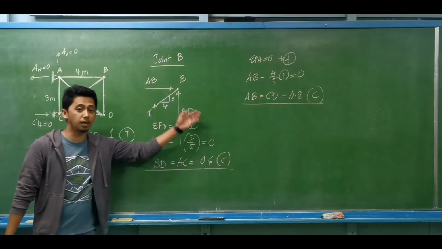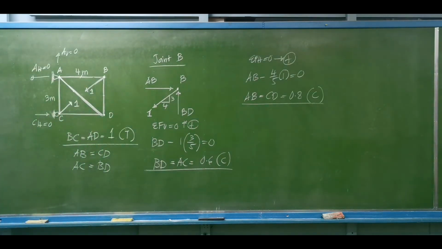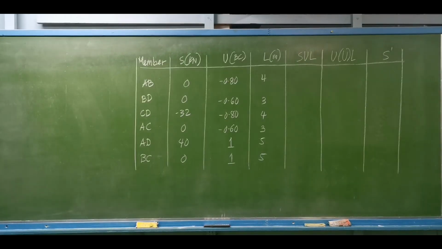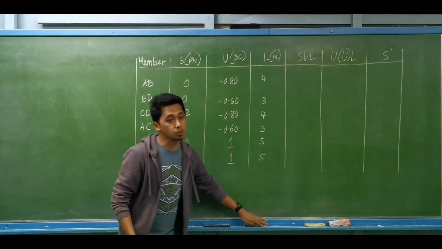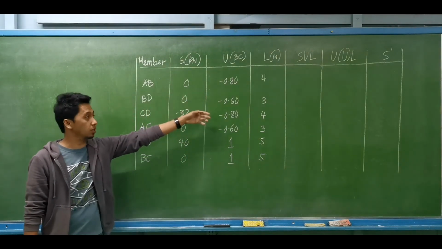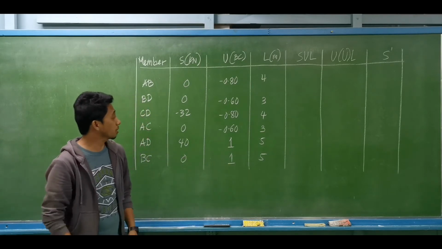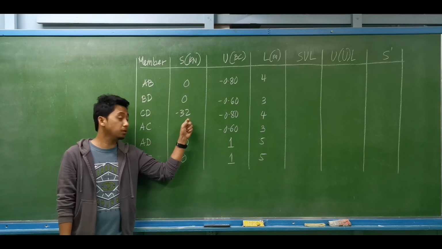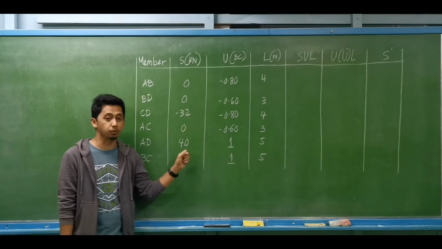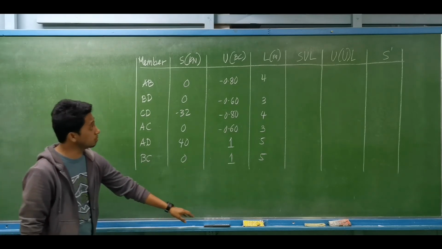So let us tabulate the values. This is the table for all the values. We have axial forces due to real loads, the axial force due to unit load, then their corresponding length. Again, sign convention: members under compression, negative; members under tension, we have a positive sign. So let's determine those values.